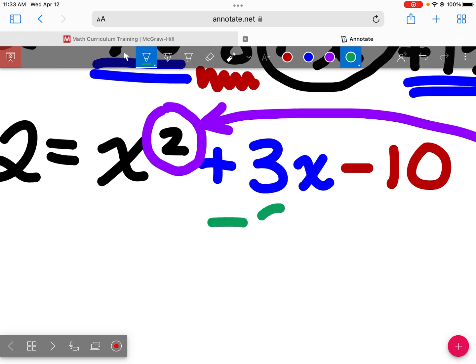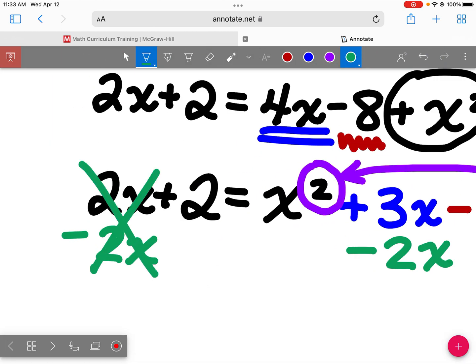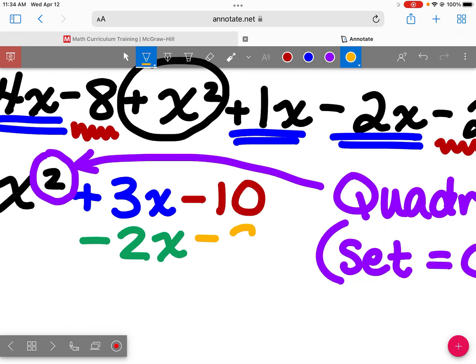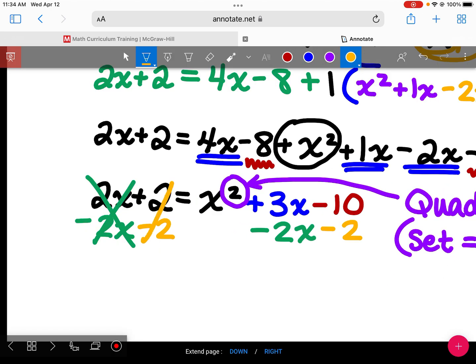I'm going to line it up underneath the other thing that has just an x, so that'll make that cancel right there. Is my right side a 0 now? No. So how do I make the 2 cancel out so that I can get that 0 that I want? Subtract 2 from both sides. Minus 2. I'm going to line it up under its like term over here, so that's going to cancel.